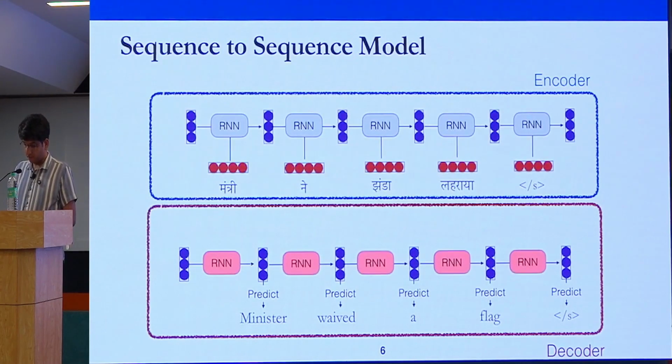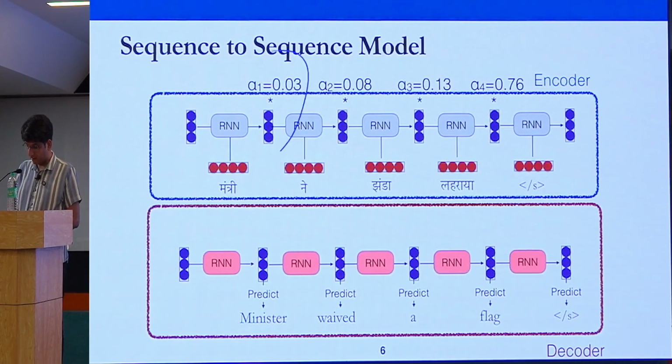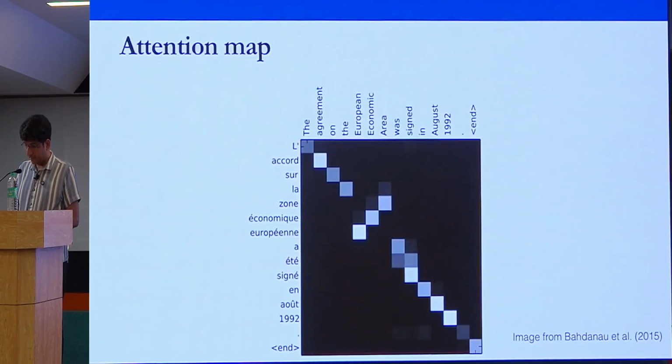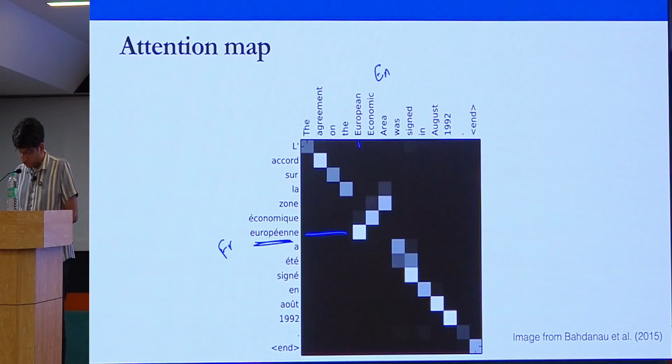If you were to just complete this picture, you will take the weighted sum of these, and that will be used to make the prediction. And if we look at what the attention was after you have trained the model, this is for predicting French from English source. As I discussed last time, let's say you're translating this word European, the model has chosen to attend to this English word European.